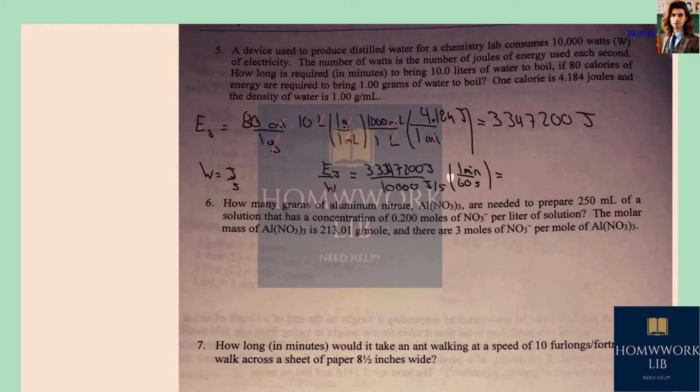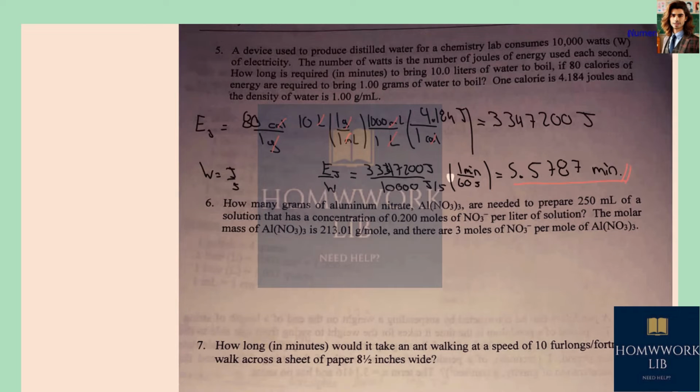So dividing by 10,000, which is the wattage, divided by 60 seconds, we're going to get 787 minutes. So that would be for the first question.